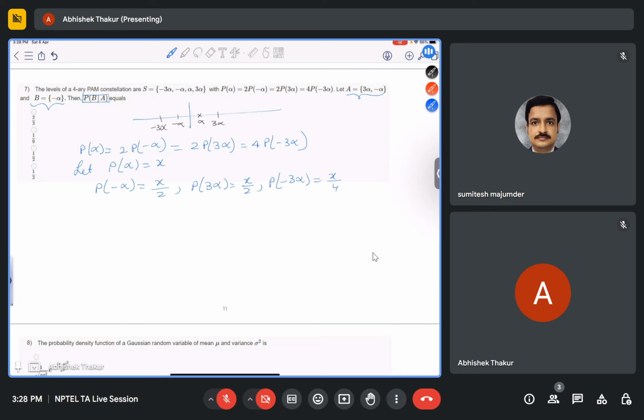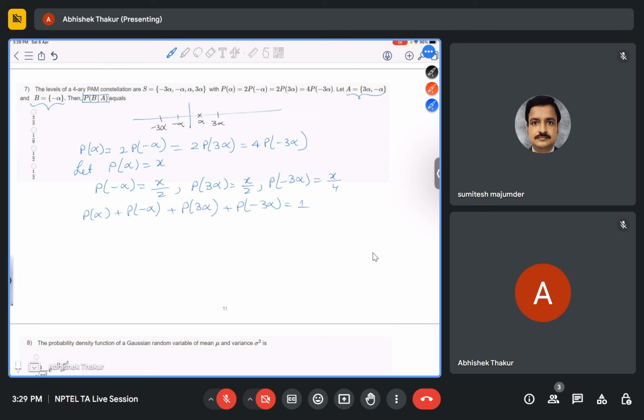We know that the sum of all the probabilities is equal to 1. So the probability of alpha plus the probability of minus alpha and so on, this summation is equal to 1.